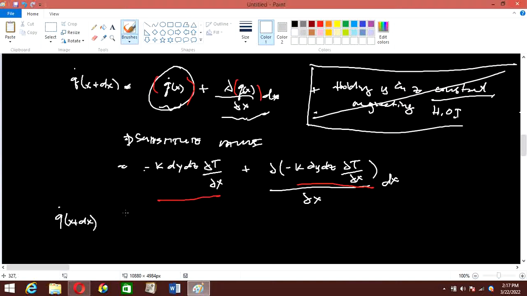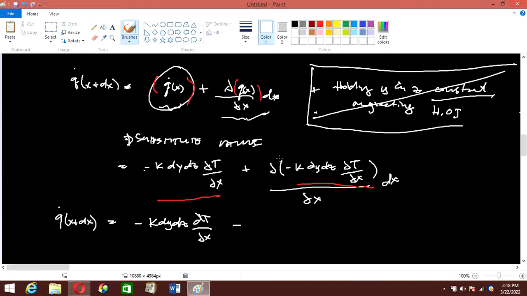x plus dx. We have negative k dy dz dt over dx, minus, so let's take the negative sign outside.